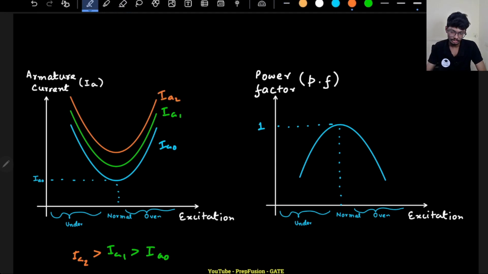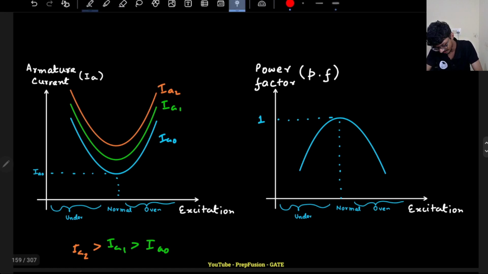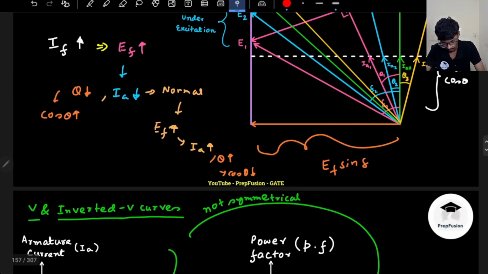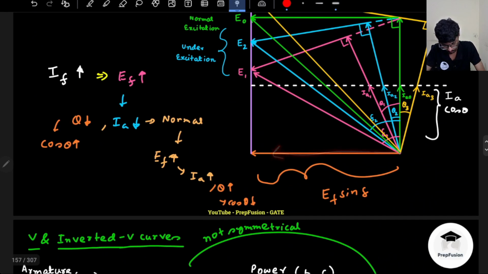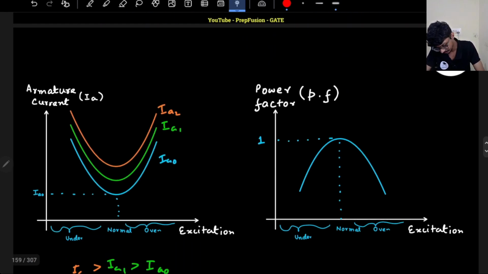One more thing is, of course, it will never touch, because current will go very high. My IA current can never go exactly to 90. So this is tending towards it, and these will be parallel to each other. These will be asymptotes.